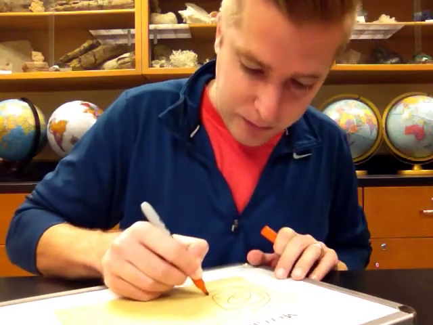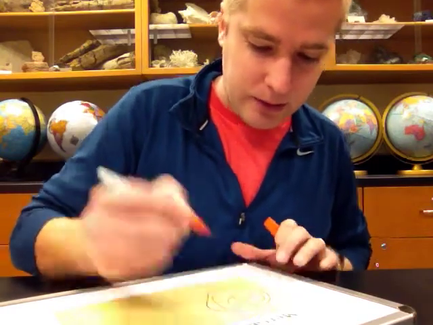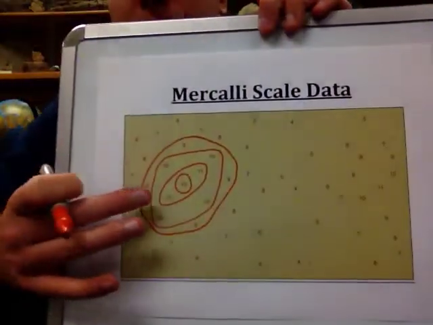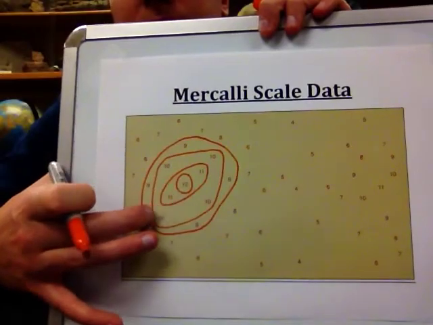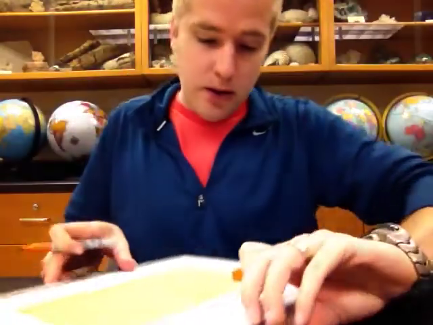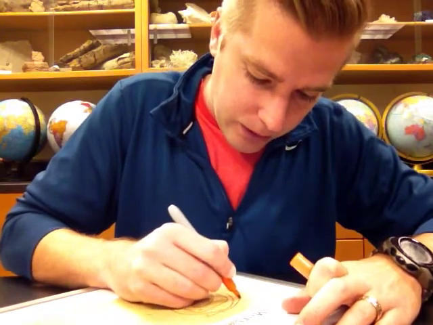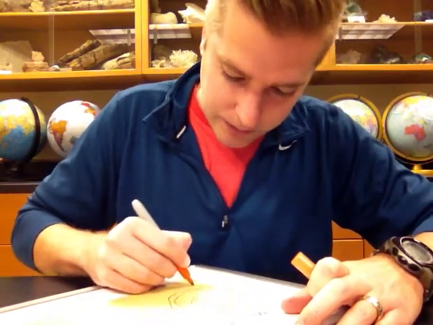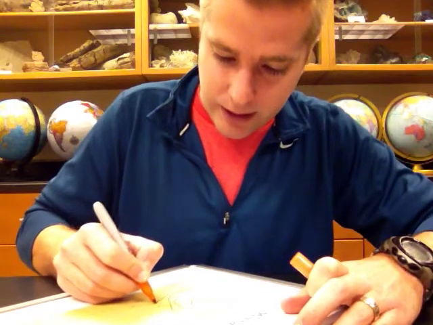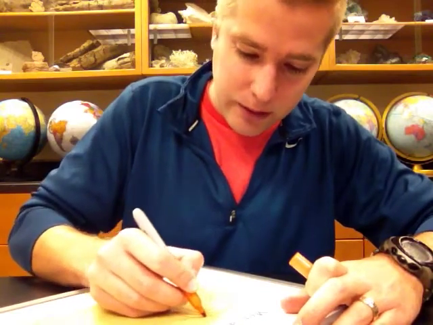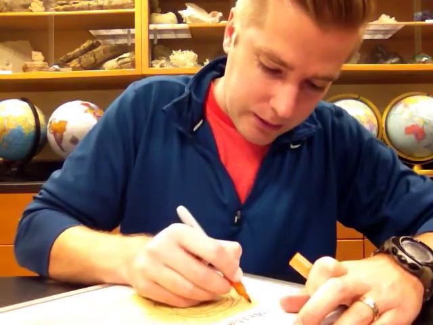And so in your map, you should be drawing contour lines similar to what I'm doing. We have a number 12 in the center, then 11s, 10s, 9s, and so forth. We'll keep drawing the lines here. And we're not drawing a line through the numbers like we did for topography. We're drawing a line around the numbers, so it's a distinct difference.